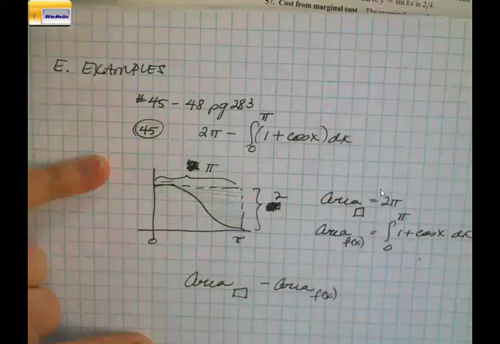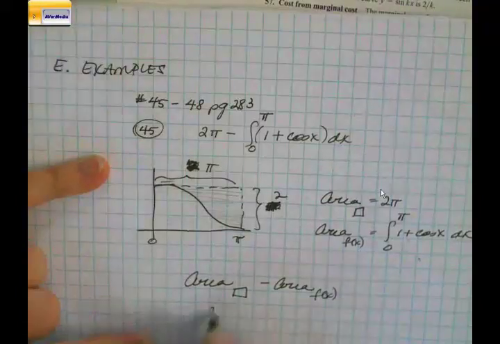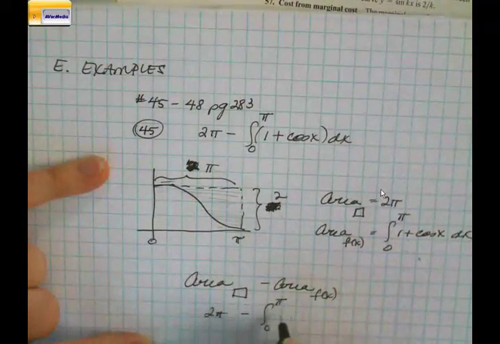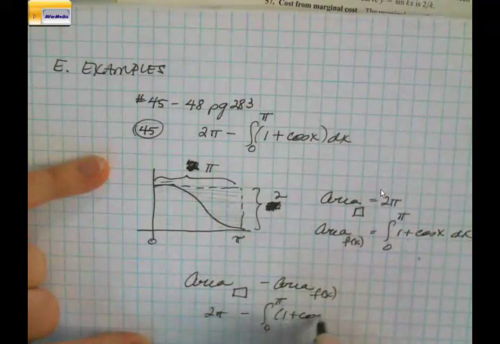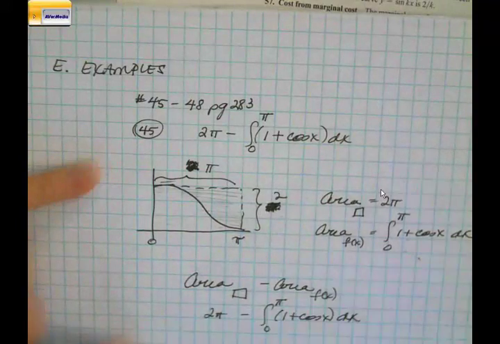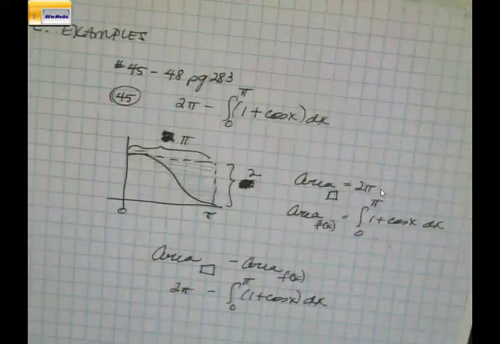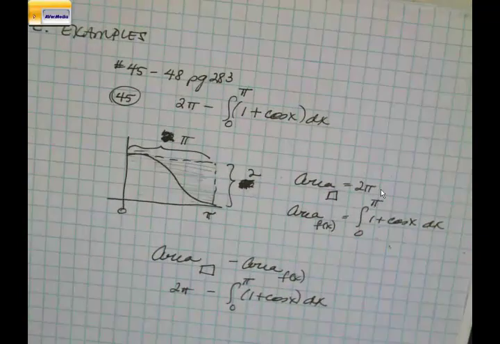So that's where you come up with 2 pi minus the integral from 0 to pi of the function 1 plus cosine x dx. It's very geometric. Area of the whole minus area of the part gives you the remaining shaded region.